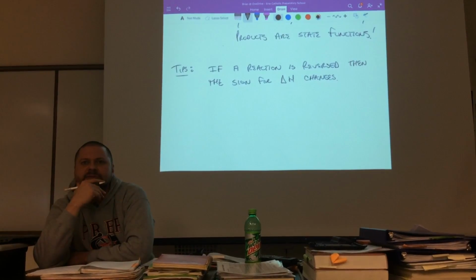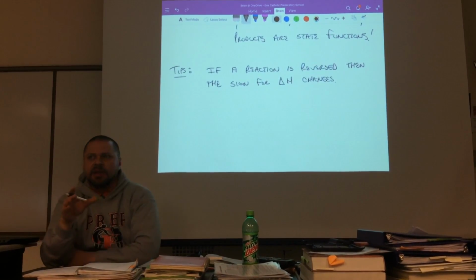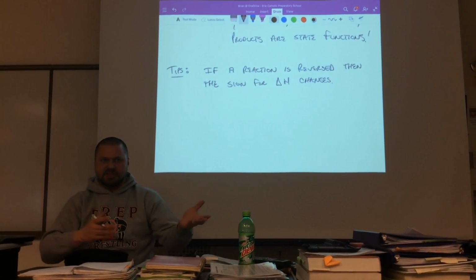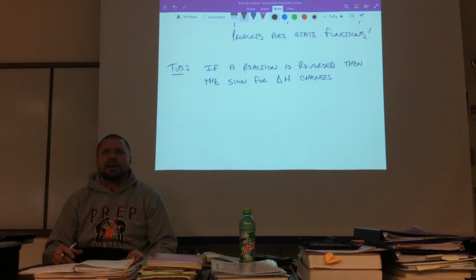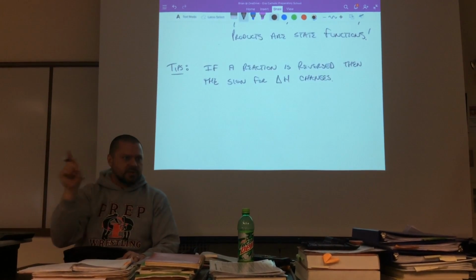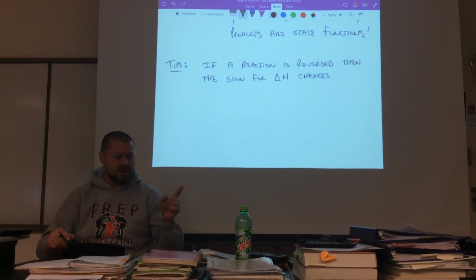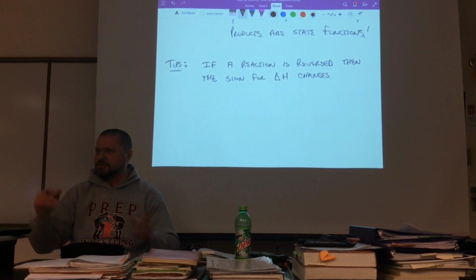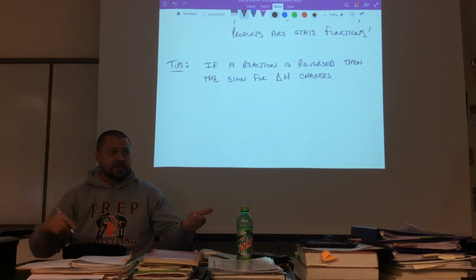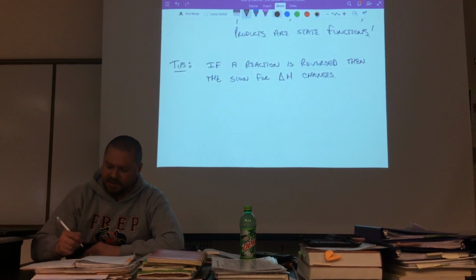It also doubles. Because remember, delta H for an equation like you're going to have tomorrow is written as the equation is written. So if you have a delta H at an end of an equation, it says 100 kilojoules. All right, that's per however many moles as indicated by the coefficients. The coefficient's 1, and it's 100 kilojoules. Okay, or 100 joules, whatever I said. But if I inflate that to 2, then I have to double the amount of kilojoules as well. Okay, so we'll see that in action here in a second.